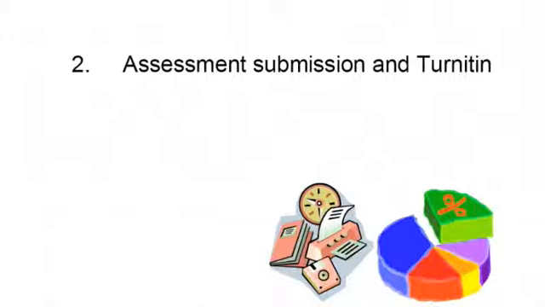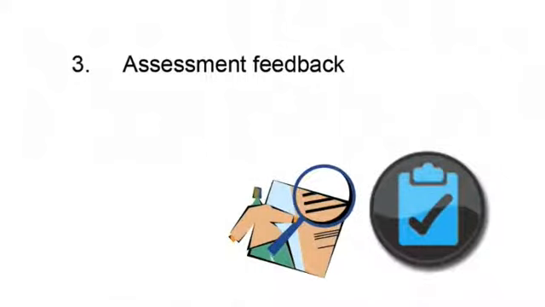I'll talk about it a bit later, and there are quite a lot of resources on our university website with regard to the software and the academic integrity associated to assessment submission. The third one is about feedback. How do we provide you feedback, and where do you access it, and how do you respond to your feedback?